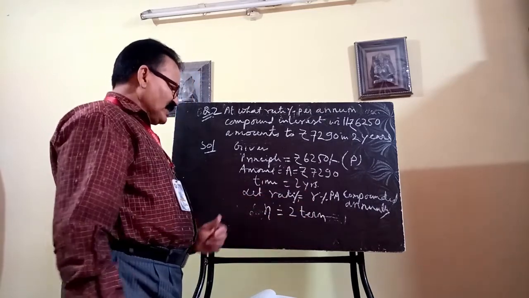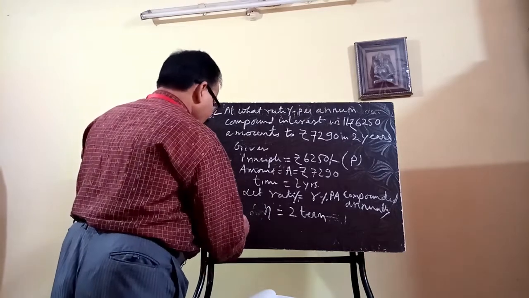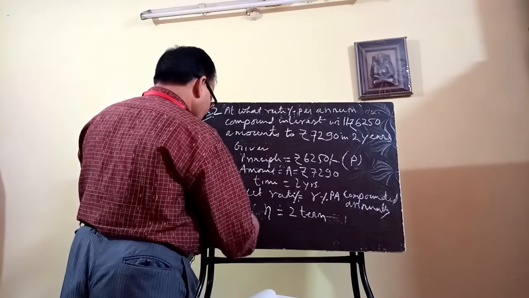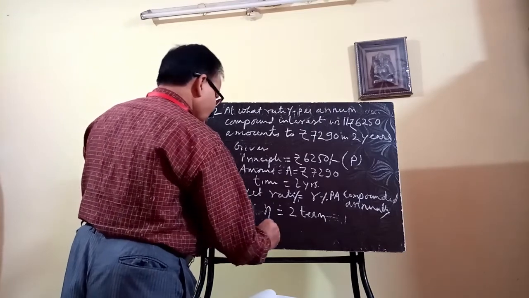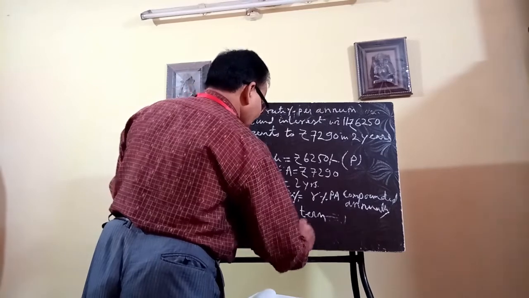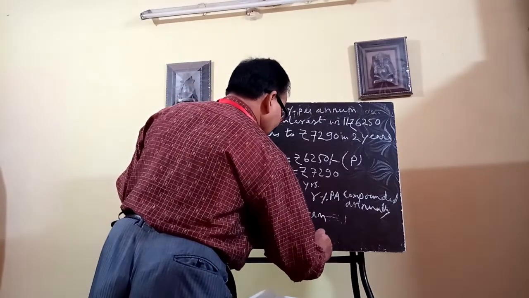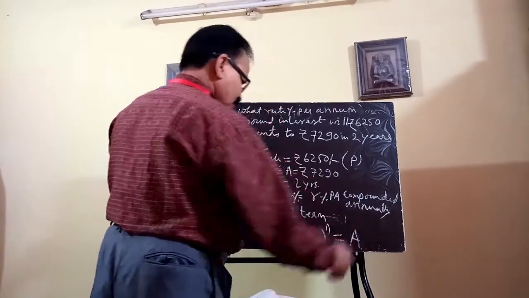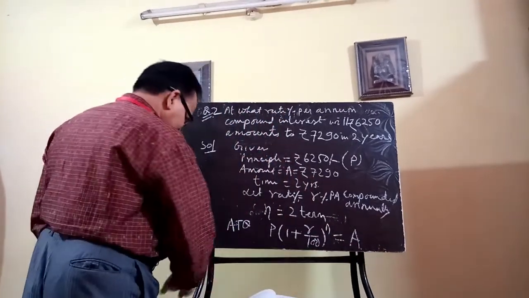So the value of N is 2. Therefore, according to the question, rupees P into 1 plus R by 100 to the power N must be equal to A. In this formula, you write the values.